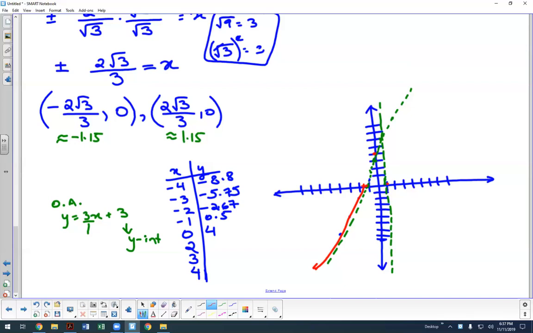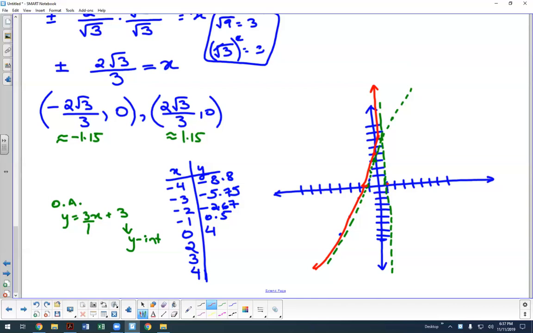And then on the upper half, you will actually go to the y-intercept, cross that, follow along the oblique. But the moment you hit that vertical asymptote, the direction of your graph will change and it will start going up. So it's basically following along that oblique asymptote, crosses the y-axis, it goes up, but the moment it hits that vertical asymptote, it changes direction and will just start going straight up now.